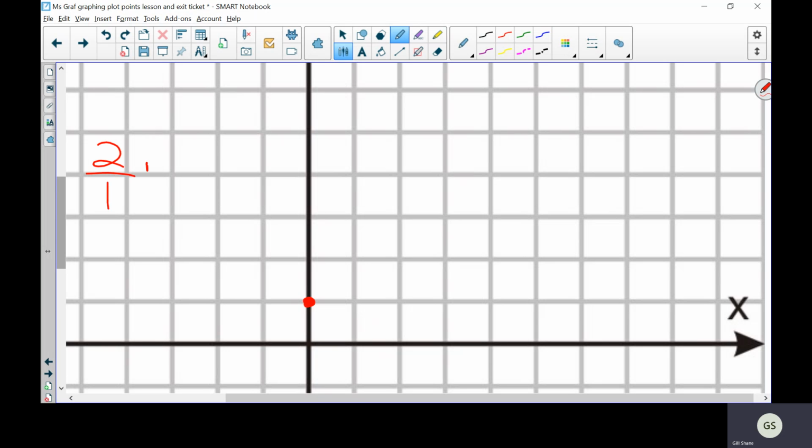We make that a fraction. We write next to that rise over run. Then you can just follow, I erased that word, you can just follow the directions. So we go over 1, up 2. That would be my second point. You can keep going over 1, up 2 to make it straighter. Now you draw your line.